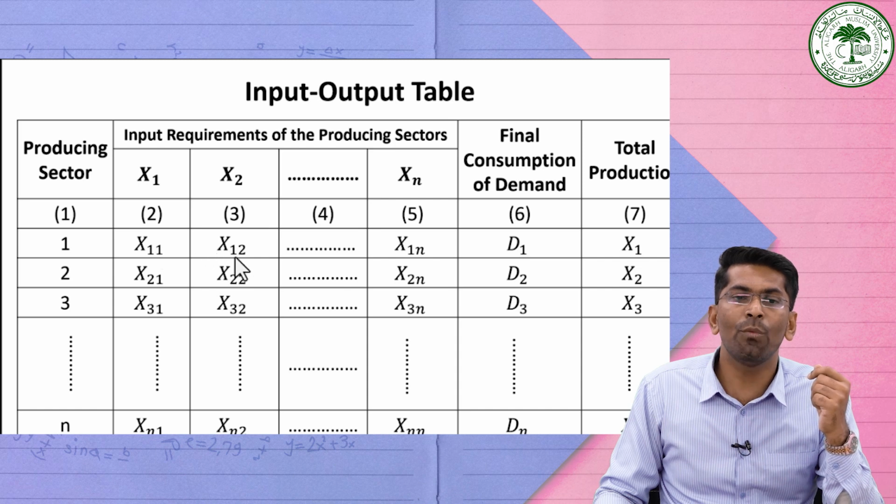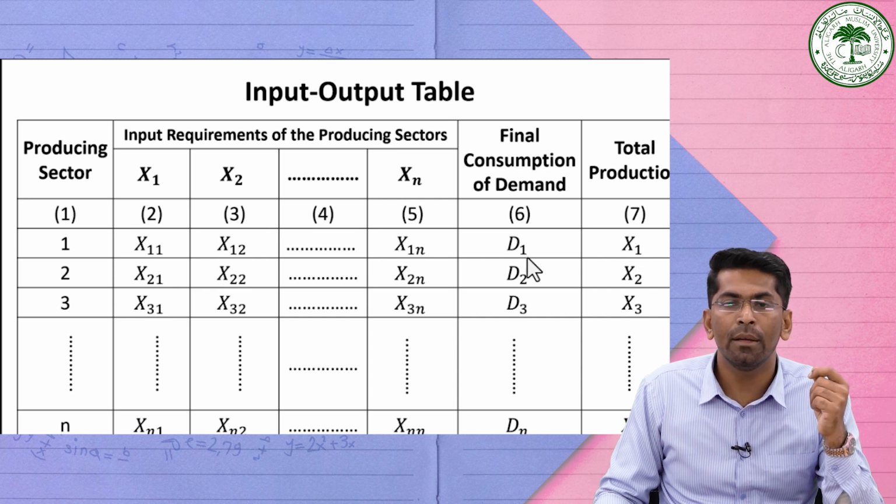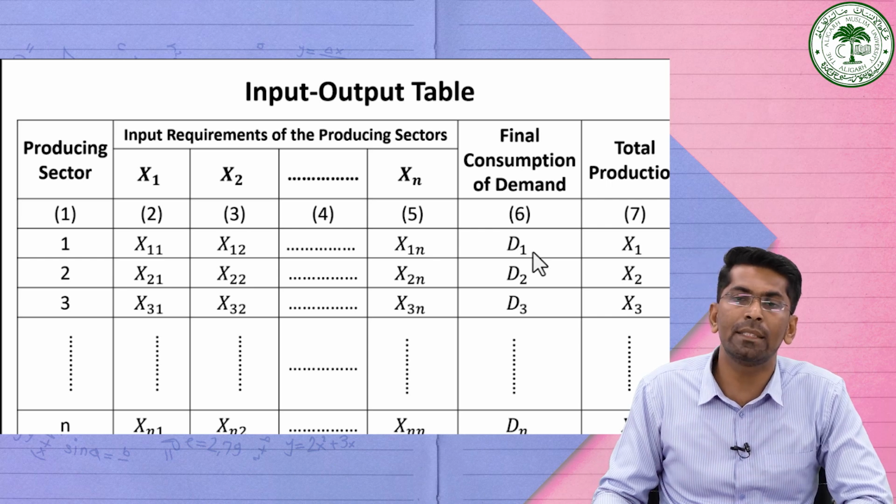And X12 is the amount used by the second producing sector as their input, and going up to the n producing sectors, X1n. Here D1 is the amount of output which is used for final consumption by households and government.